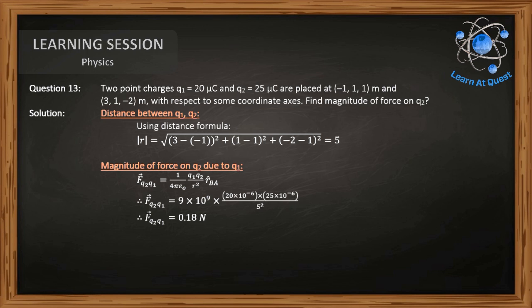Also, we have been given the magnitude of the two charges. Q1 is 20 microcoulombs and Q2 is 25 microcoulombs. Let us substitute each of these values Q1, Q2 and r in the Coulomb's law formula.